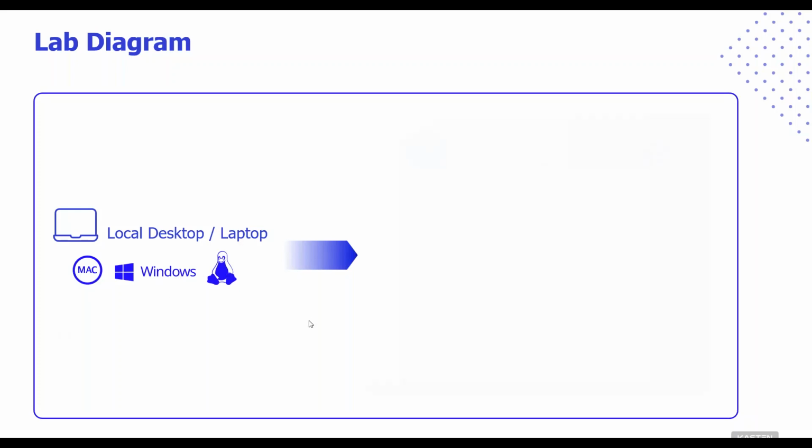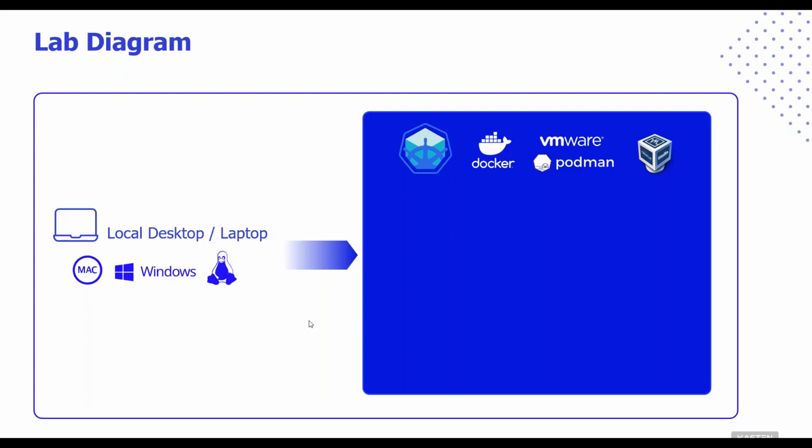And this is how a Minikube architecture looks. It can run either over VMware Workstation or Hyper-V, the hypervisor that most of the latest operating systems on laptops offer, or you can have your Docker runtime engine from Docker providers, and it could be Docker Desktop.